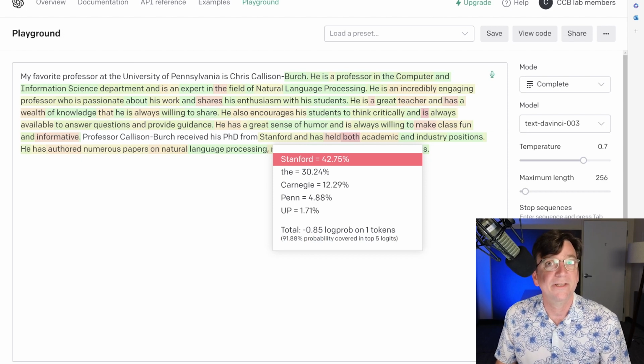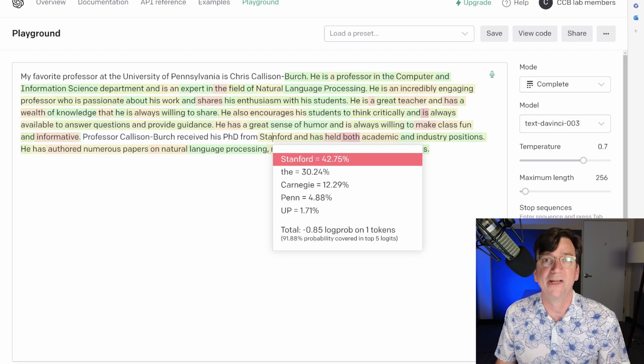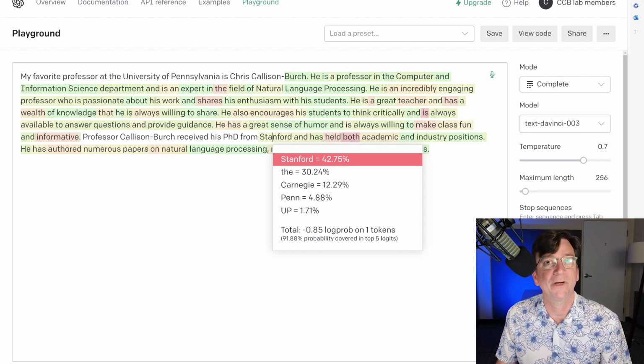So this is an interesting instance of where these models can produce very plausible sounding text that doesn't correspond to any factual element to the world. Because we're talking about a professor from computer science, it's very likely, according to the model, that a professor from computer science in general may have received their PhD from Stanford.